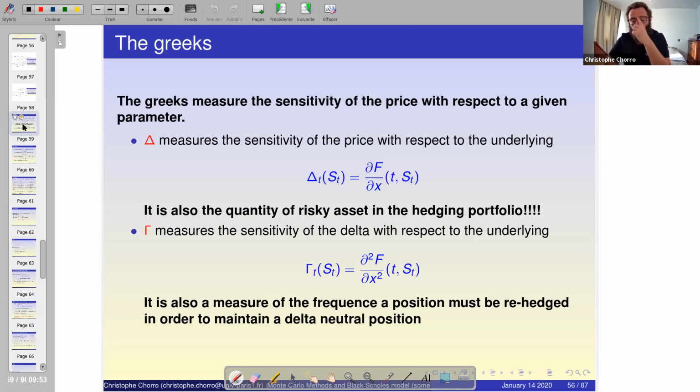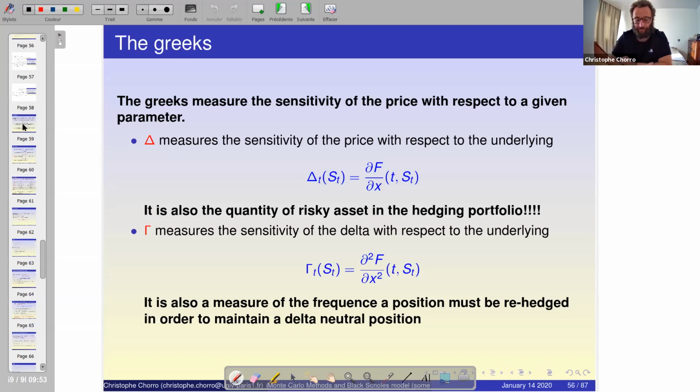One of the main features of this model is that I am able, in theory, to replicate perfectly my contingent claim, if my trading is done in continuous time.